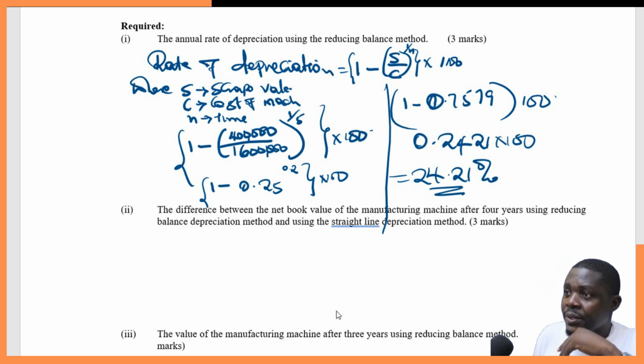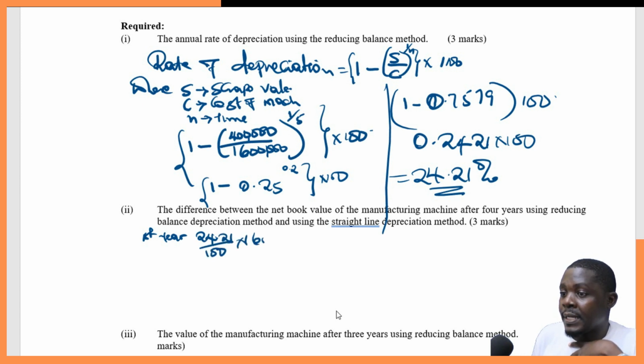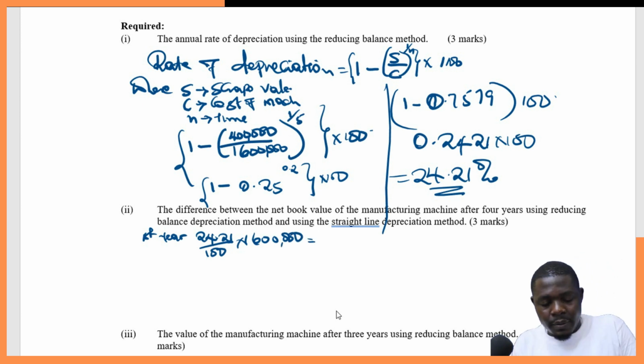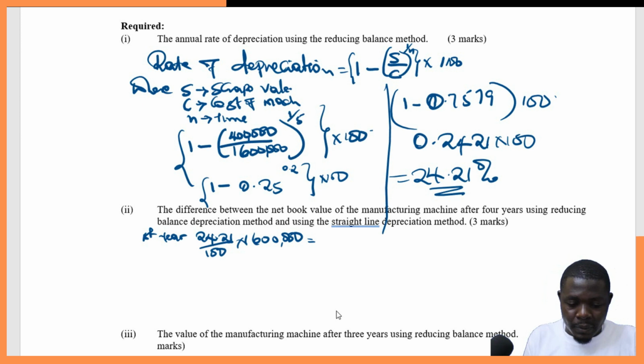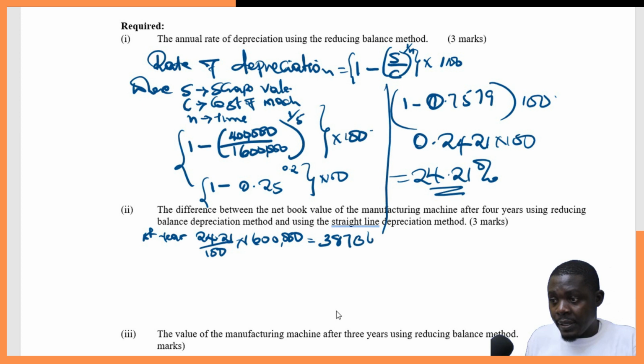We have the cost, for the first year it is going to be 24.21 over 100, multiplied by 1,600,000. The depreciation for the first year will be 387,360.